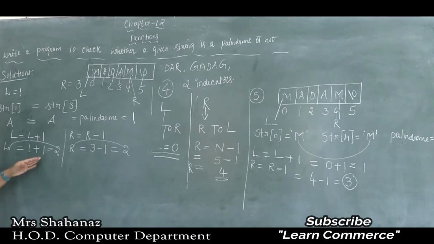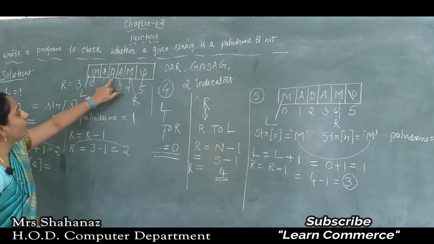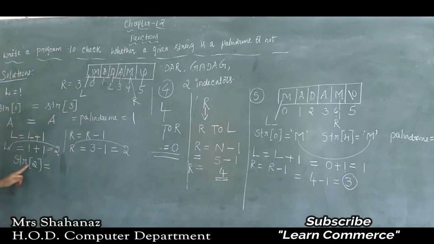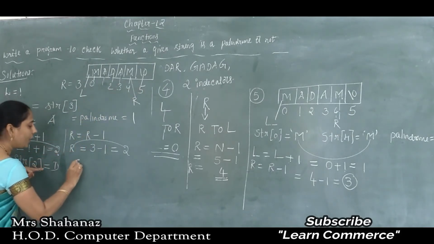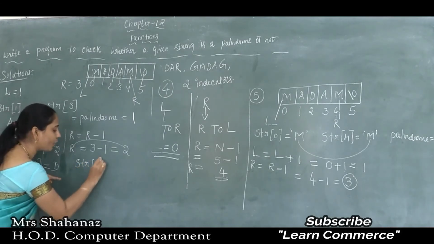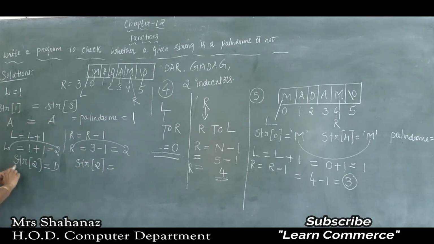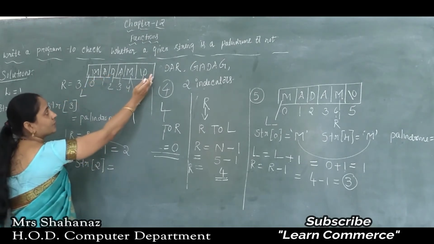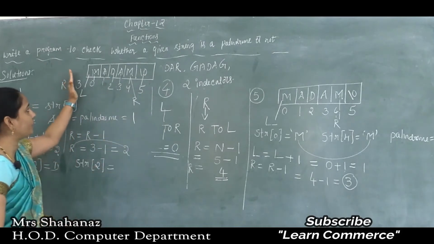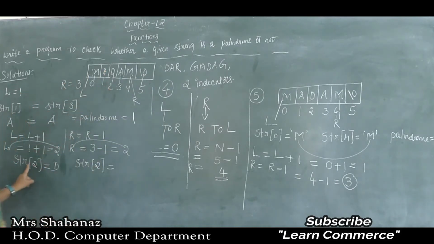Now I am going to check the R value, that means here the STR of 2, okay, the STR of 2 is equal to D. Clear this point? The STR of 2 is equal to D in this case here, and next, on the right indicator side, here also the STR of 2, the result is also D. When you check from the left side, the second position value is D, okay?